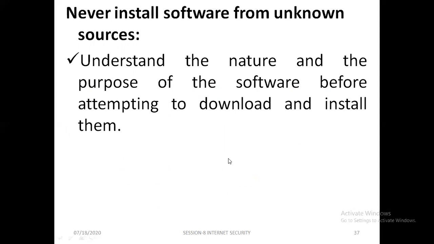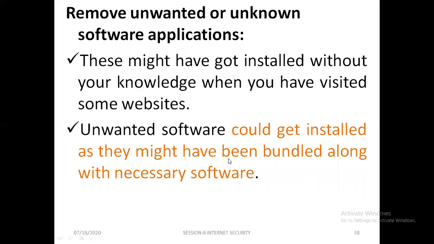Understand the nature and purpose of the software before attempting to download and install it. Unwanted and unknown software applications can be installed without our knowledge when you visit some websites.